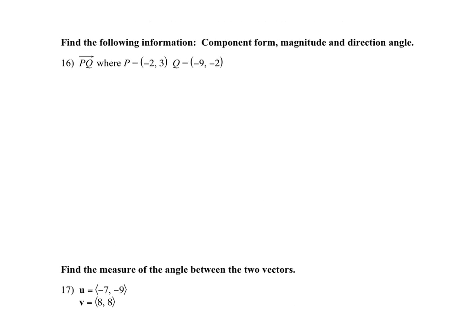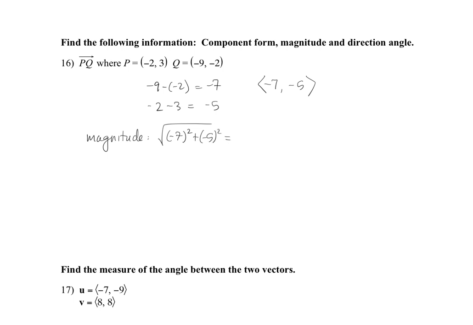All right, the component form is going to be the difference of the two horizontal components, and you have to subtract the second one from the first one. So it's -9 minus -2, which is -7. And then you subtract the vertical components, -2 minus 3. So it's <-7, -5>. So then the magnitude is the square root of 7 squared and 5 squared.